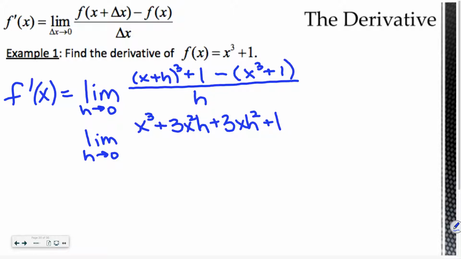If you need to multiply that out individually, that's fine. I'm remembering Pascal's triangle and how the binomial theorem affects our binomials to a power. And then we're subtracting x cubed plus 1.